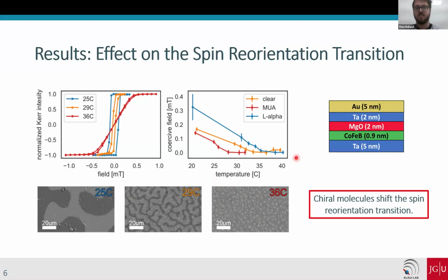Here we can see that for a certain molecule on the thin films, if we add the chiral molecules, then we reduce this transition temperature. However, we increase this transition temperature in the case of the achiral molecules. So we can see that those molecules induce shifts in the spin reorientation transition and affect the Skyrmion stability.